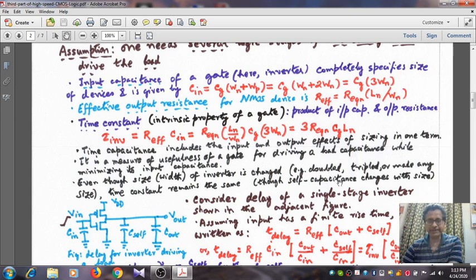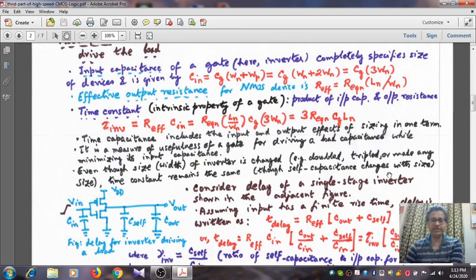Mind you, self-capacitance depends on the layout of the gate, so it will not remain the same if you change the size of the transistors. Whereas the time constant is independent of the size of the individual devices, because you can see in the expression of the time constant, it consists of a product of three terms, which are invariant.